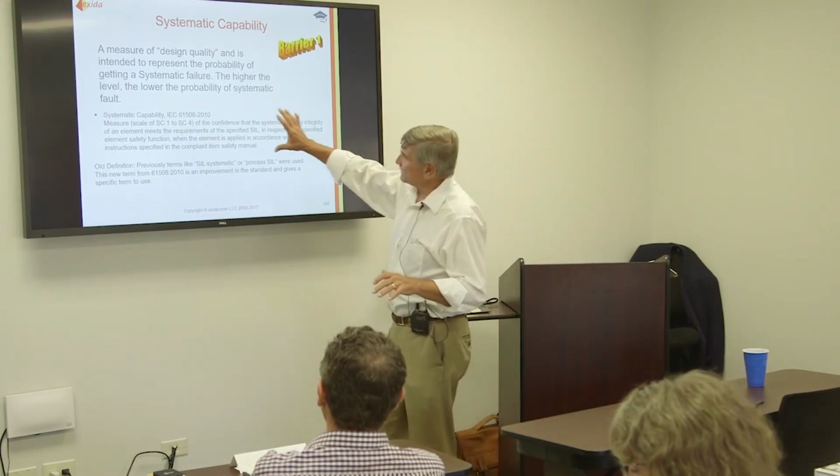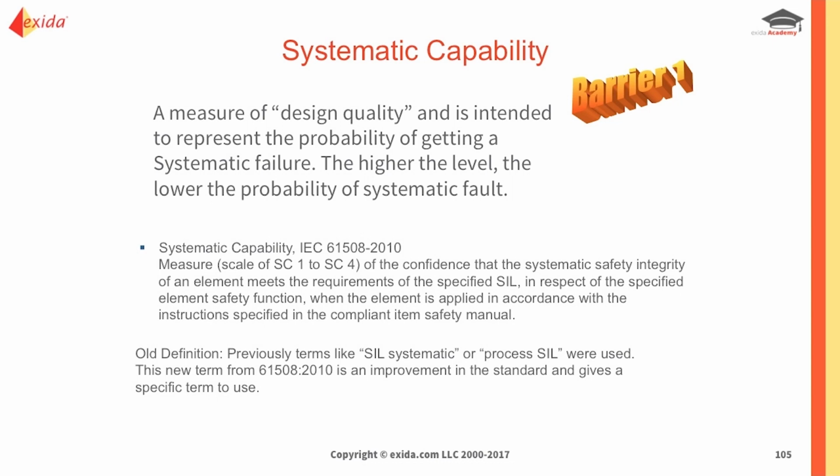It's a concept that's been around, but the term was only defined, to my knowledge, in the 2010 version of the standard. Previously, people were using words like SIL systematic or process SIL, or SIL capability, and I love having a term that's now defined for everyone to use consistently.